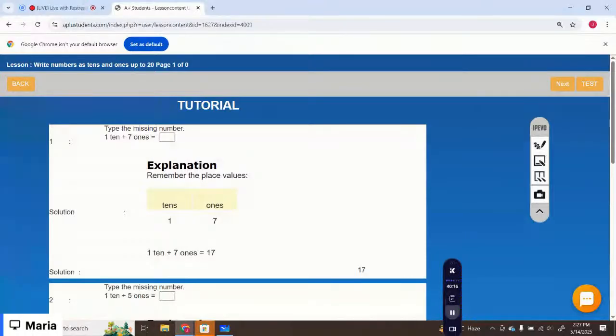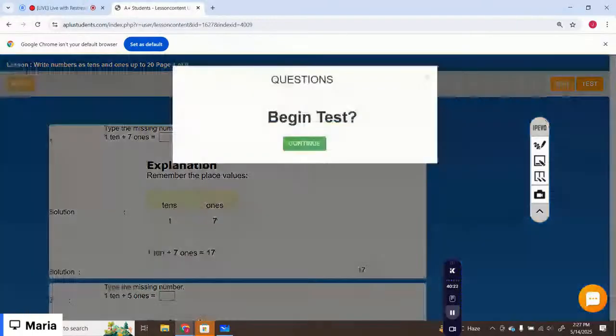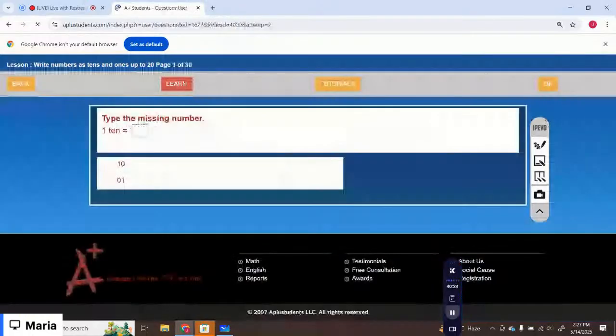So together they make 17. The correct option is 17. Let's just start with the first questions.